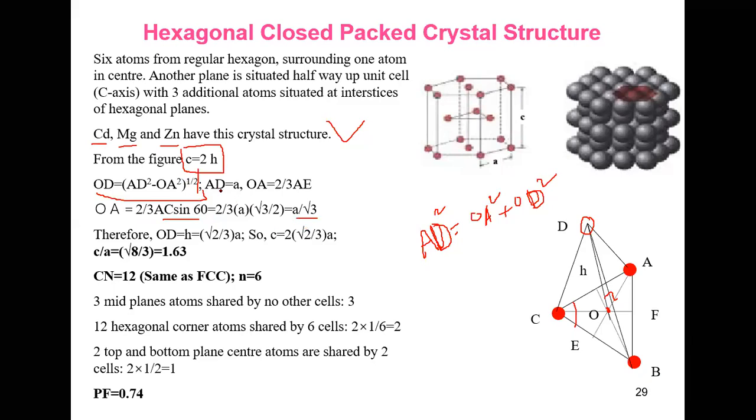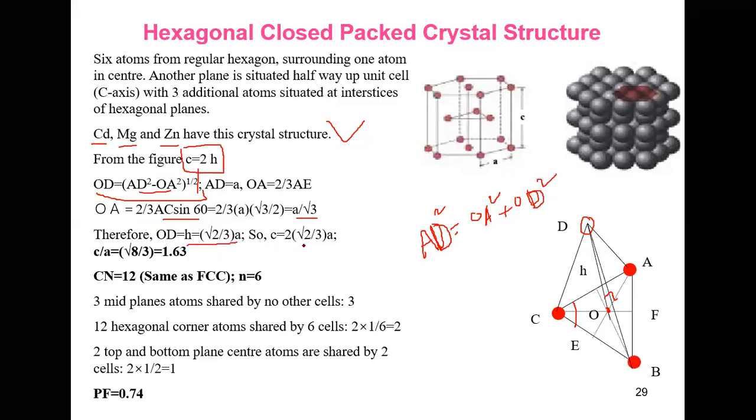If you substitute the values of AD and OA in this equation, you will see OD, which is nothing but H. So H will be this one, and from here C will be double of this.